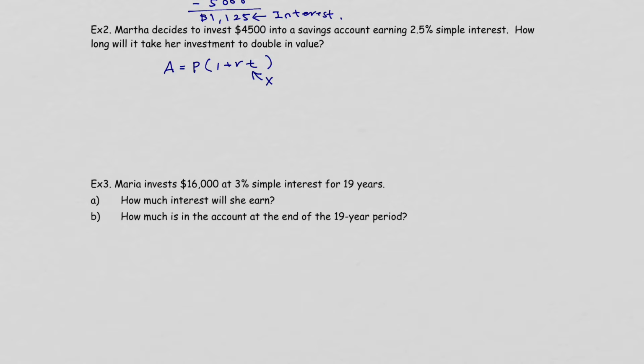So we know that the principal is going to be 4,500, right? So this is the principal. This is the interest rate, and we need to change that to a decimal, so it will be 0.025. And then t is what we're trying to look for.